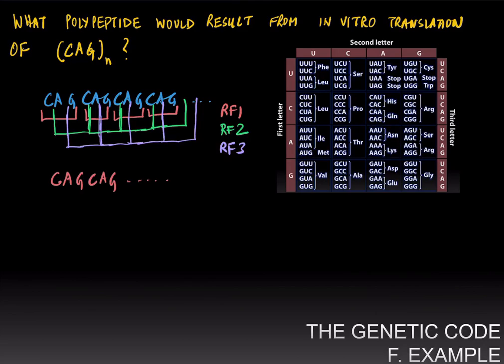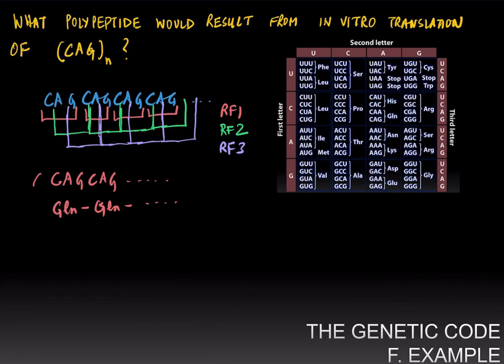And then if we look up the genetic code, CAG codes for glycine, and the resulting polypeptide is going to be a polymer of glycines, so that when you digest this to analyze what amino acids have resulted, you will only get one amino acid, which is glycine.